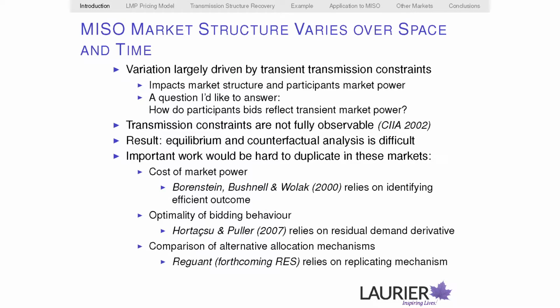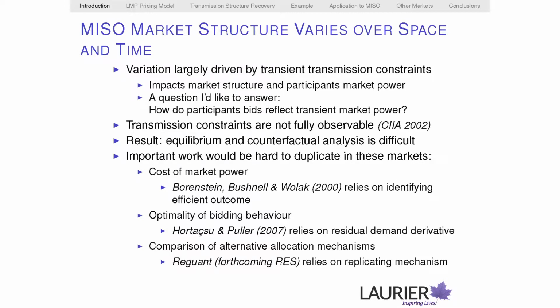So, some important empirical work. Borenstein, Bushnell, and Wolak looked at how much market power is actually costing in the California energy market, and that relies on identifying the efficient outcome, which obviously depends on transmission constraints. And so in a highly congested market, you need to have that information.